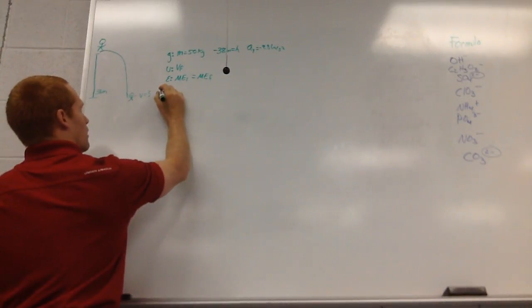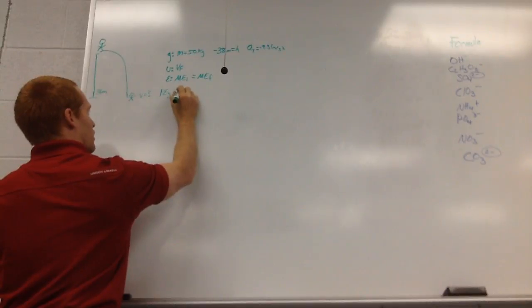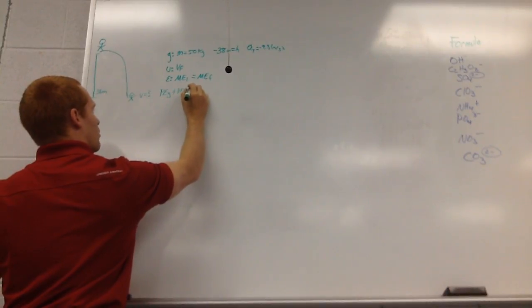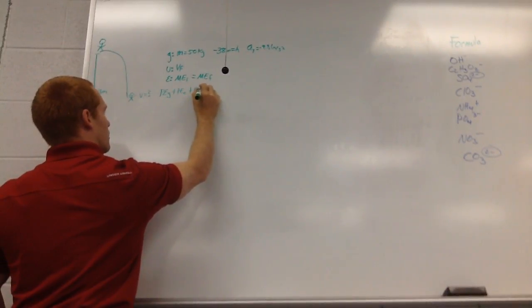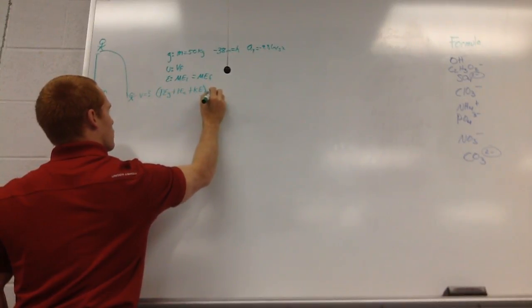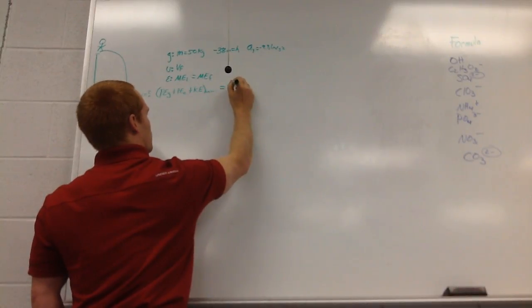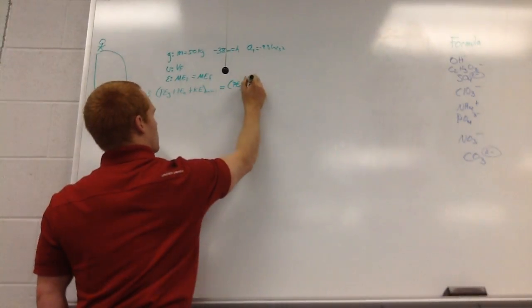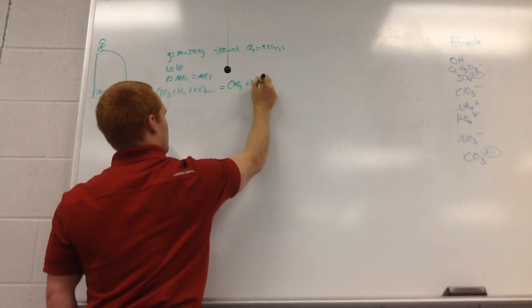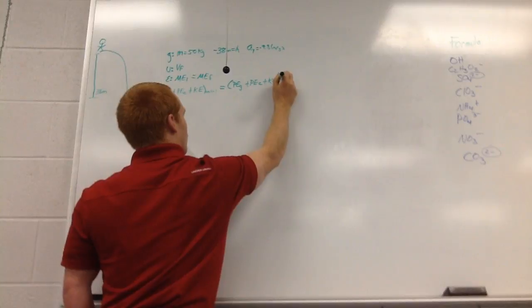So it'd be potential energy of gravity plus potential energy elastic plus kinetic energy. This is all initial. And it is going to equal the same thing, potential energy of gravity plus potential energy elastic plus kinetic energy, but instead it's going to be for the final.